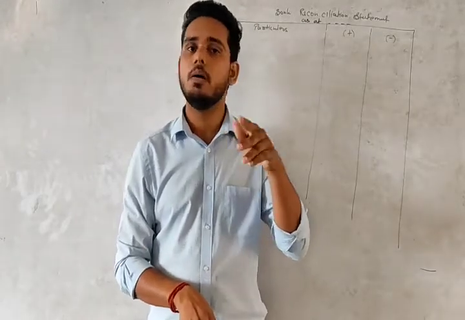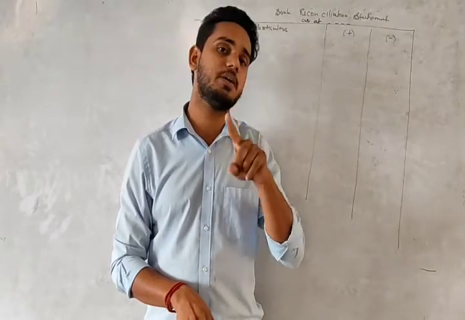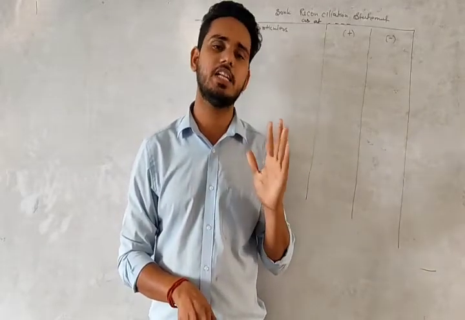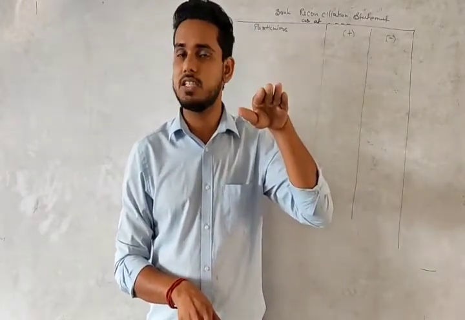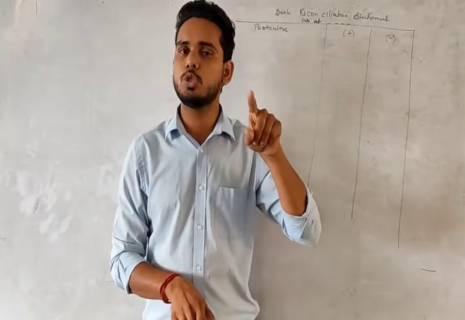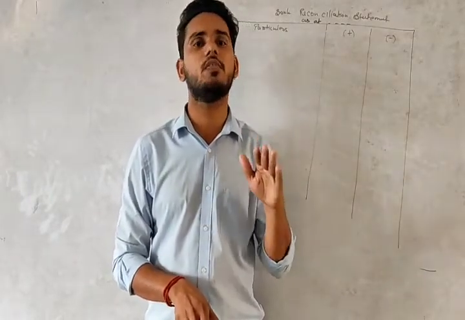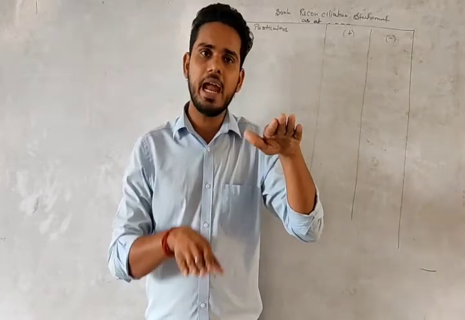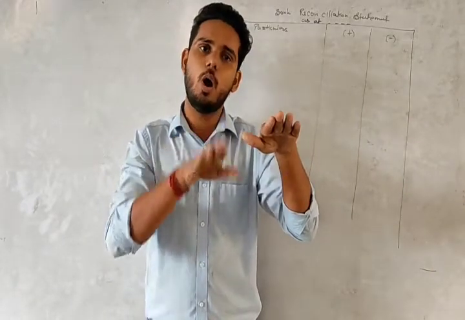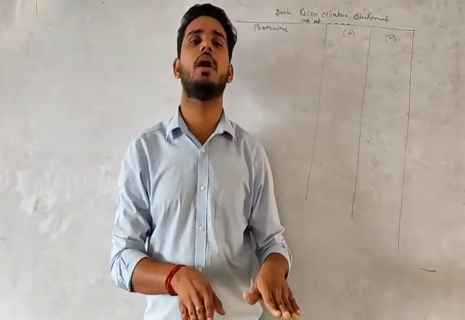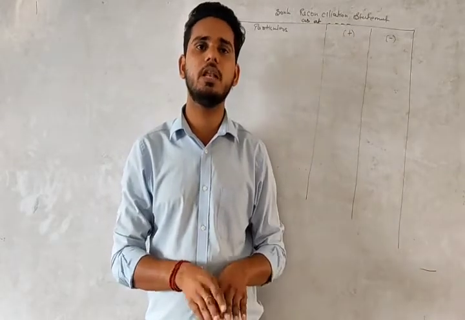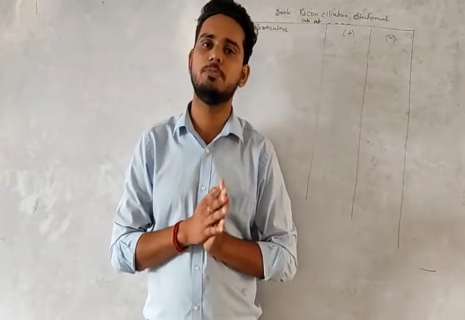But the bank has not decreased because that person has not presented that check to the bank. So the bank balance is the same. Now there are two ways to make these balances equal. Either we add in cash book or we deduct in passbook. Both ways we can make cash book and passbook equal.